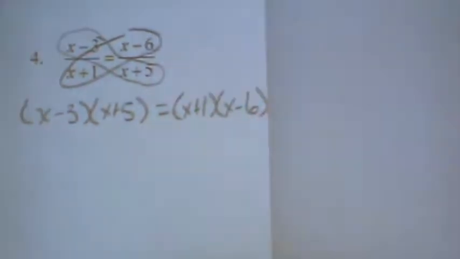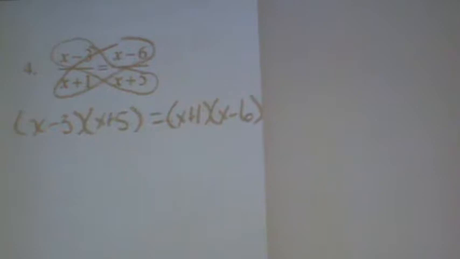Number 4. Cross multiplying, we're going to have x minus 3 times x plus 5 equals x plus 1 times x minus 6.